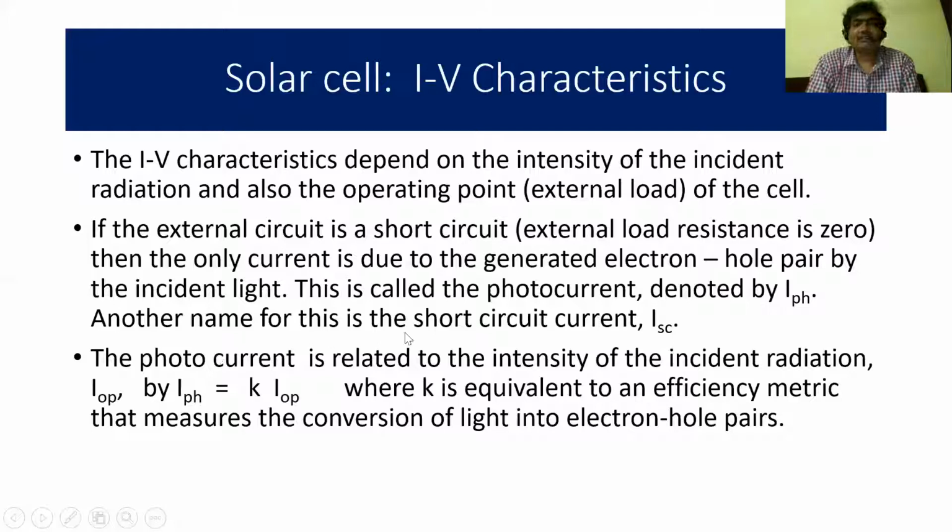Another name for this is the short circuit current, also called ISC. The photocurrent is related to the intensity of the radiation, by IPH equals K times incident radiation intensity, where K is equivalent to an efficiency metric that measures the conversion of light into electron hole pairs.